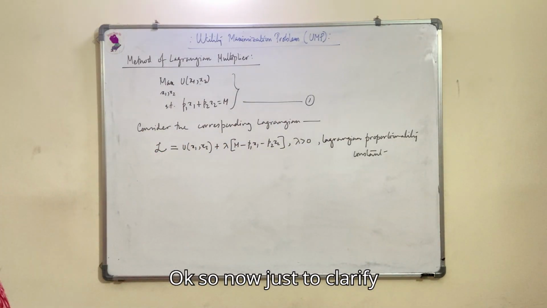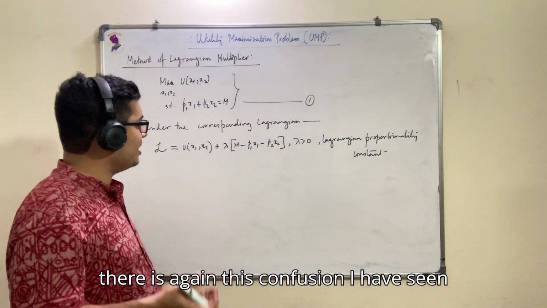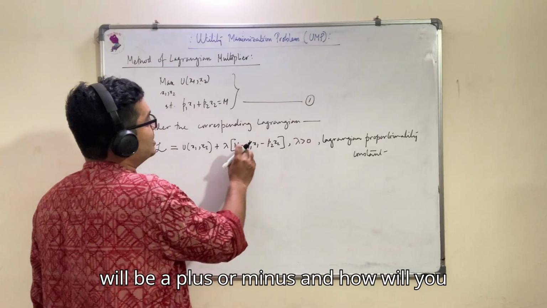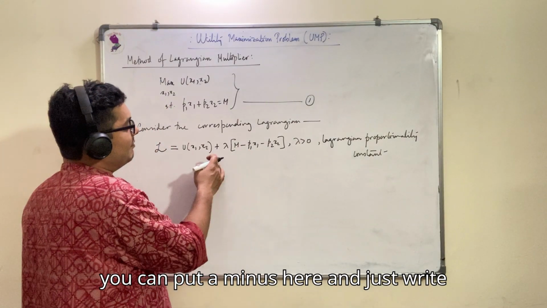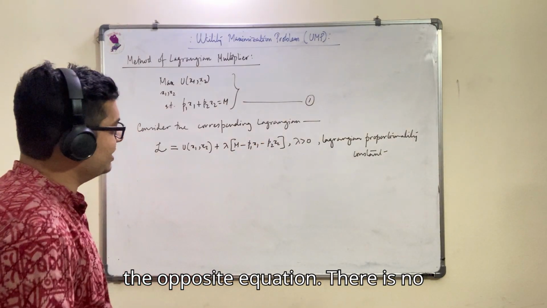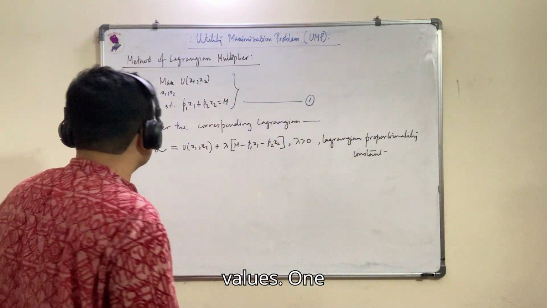Okay, so now just to clarify, there is again this confusion. I've seen people asking whether it will be a plus or minus and how will you write it. You can write it like this, or you can put a minus here and just write the opposite equation. There is no harm. In the end, you will get the same values. Alright.